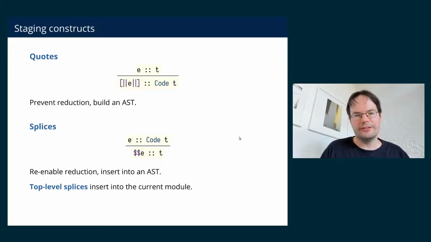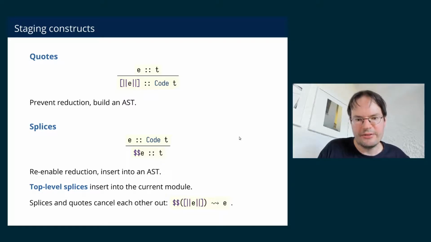And if you do it at the top level, it in particular means that all the computation in order to evaluate the thing that you're splicing is going to happen at compile time. So that is a way to force certain computations to happen at compile time and to be able to rely on the fact that something is reduced up to a certain extent before it even reaches runtime.